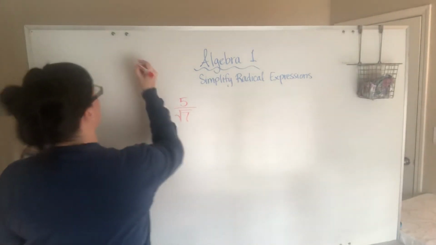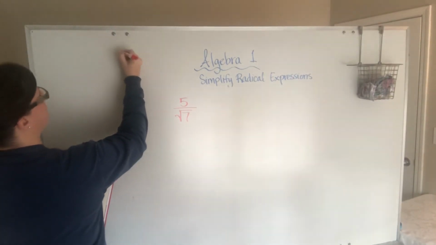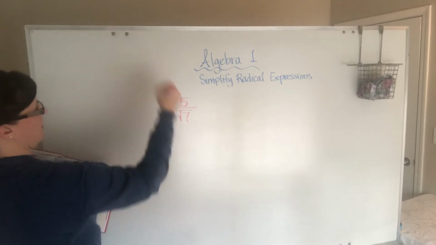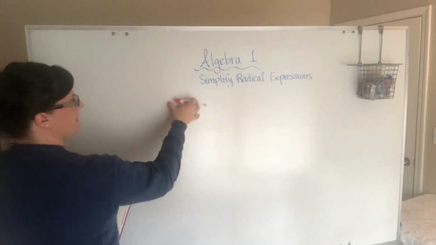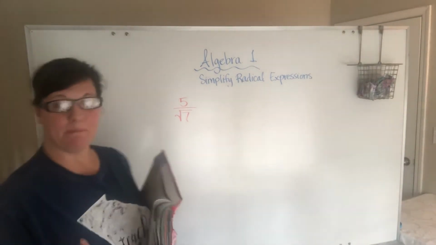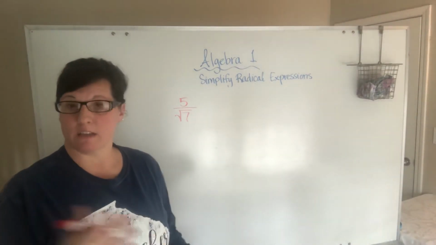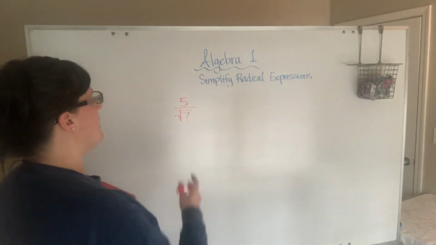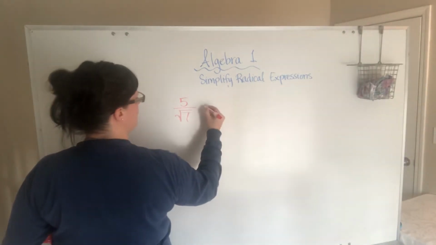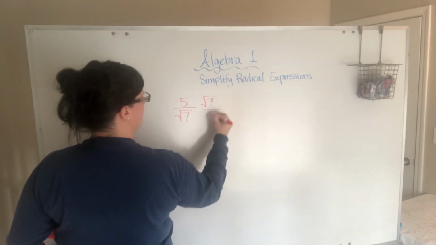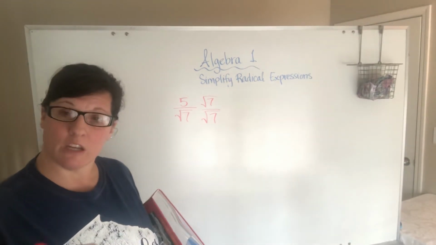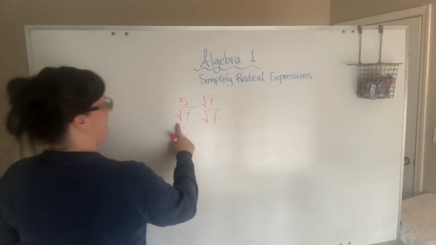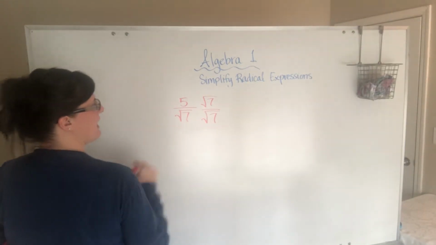Remember, when we're looking at denominators, as long as you multiply the top and the bottom by the same factor, it keeps the value the same. In this case, we're going to multiply these both by the square root of 7. Square root of 7 over square root of 7 is 1, so I'm not changing the value of it. What I am doing is allowing this to be canceled.